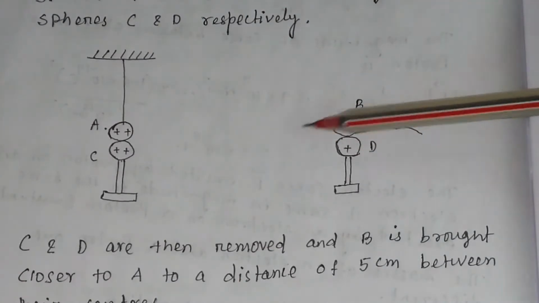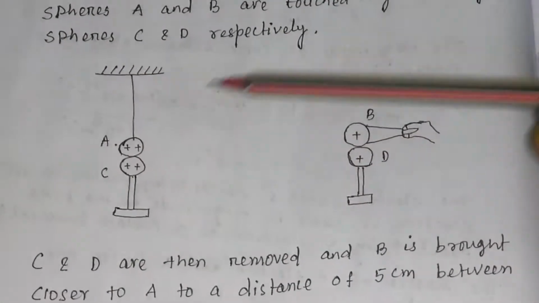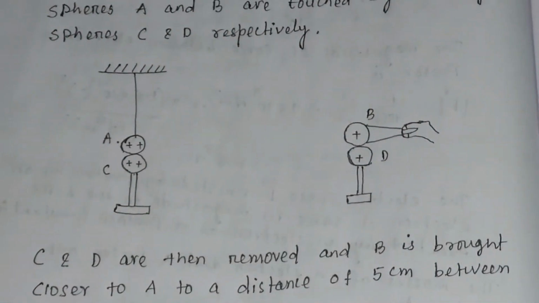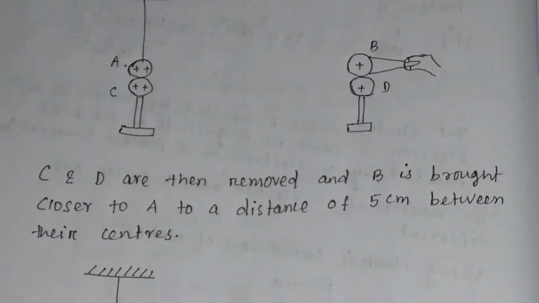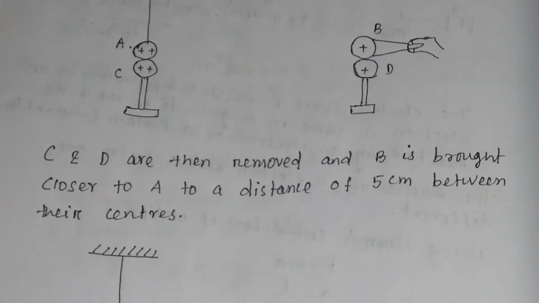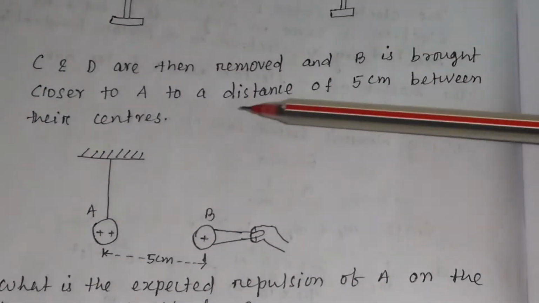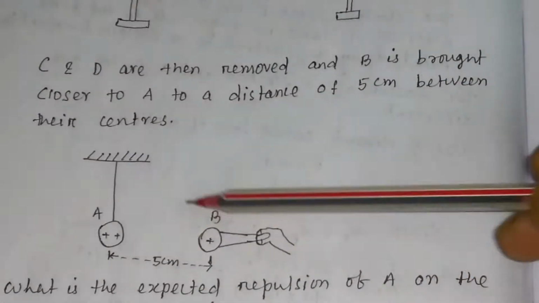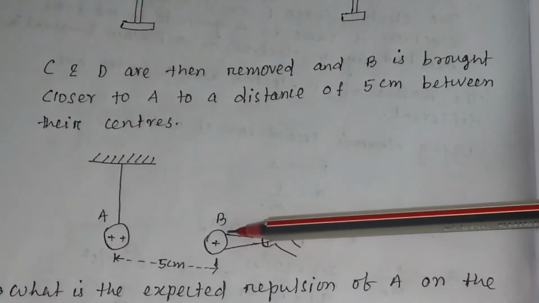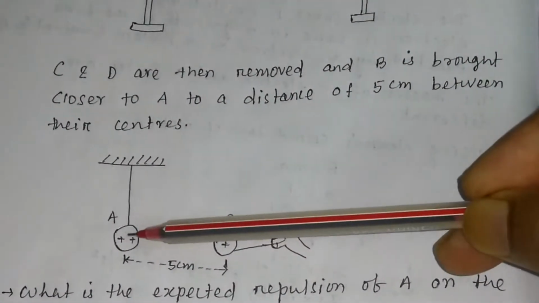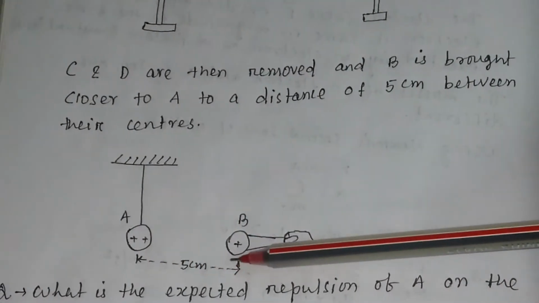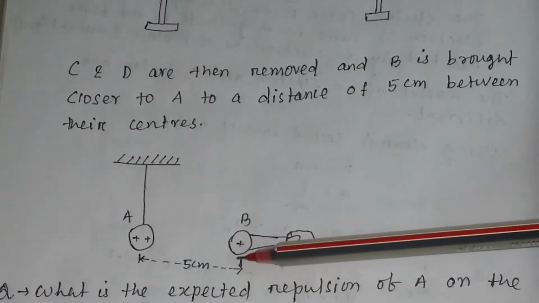Here charge will be half, and here also charge will be half. So C and D are then removed and B is brought closer to A. You reduce the distance from 10 centimeter to 5 centimeter.